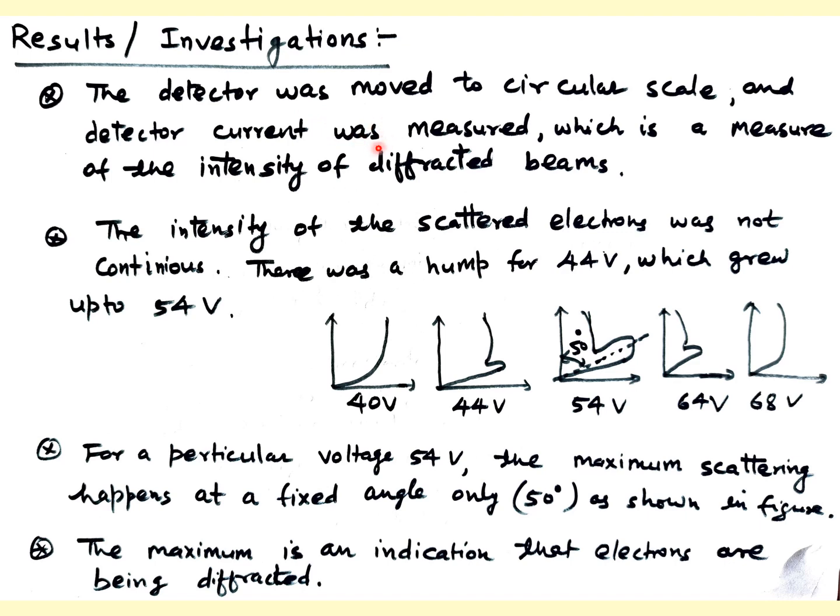and they found that when the detector was moved, the current was measured, and it was the intensity of the diffracted beams or electrons, and the intensity of the scattered electrons was not continuous. It means when we increase the voltage, the current should increase like this, but they found a curve like this at different voltages, suppose 44 volt, 54 volt, 64 volt, 68 volt, and there is maximum diffraction at 54 volt.